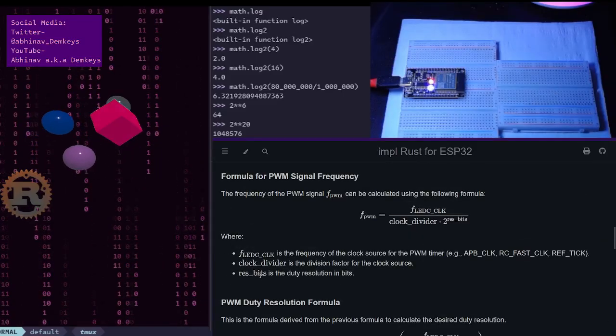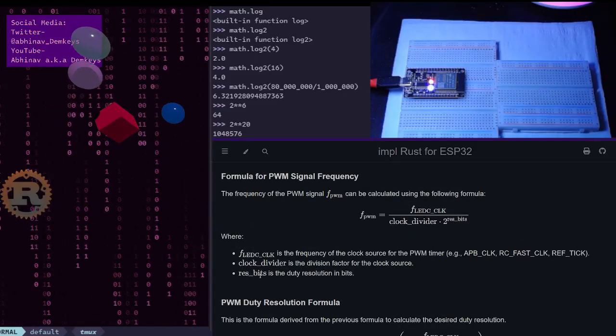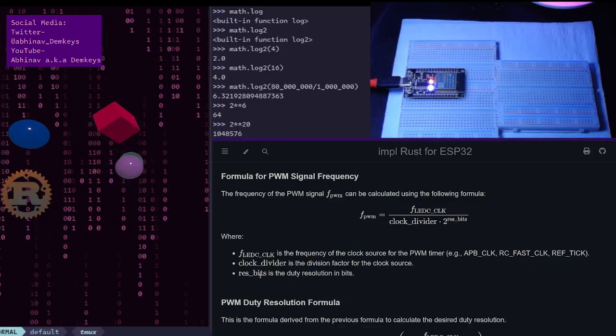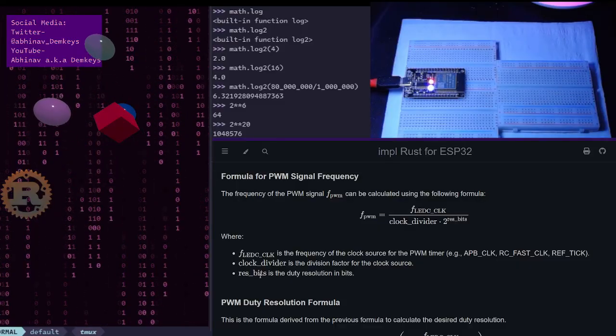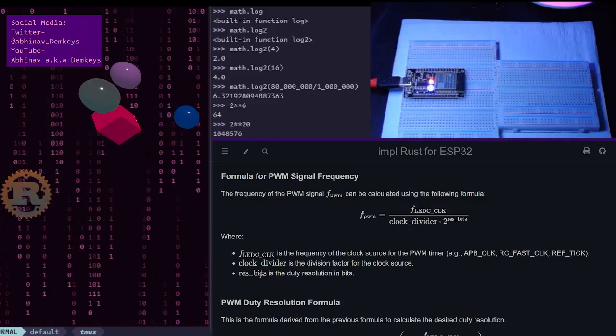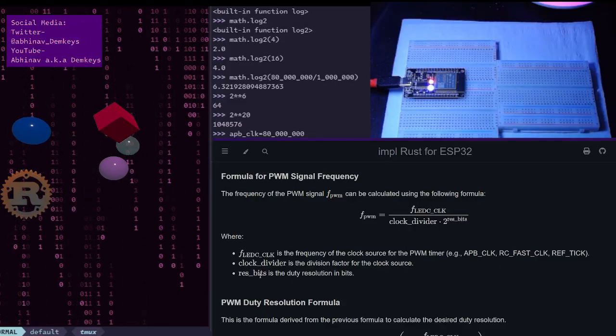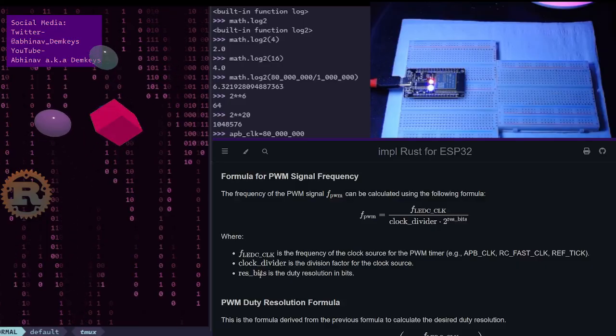So let's say APB_CLK equals 80 million. That's our APB clock, and we have a clock divider.